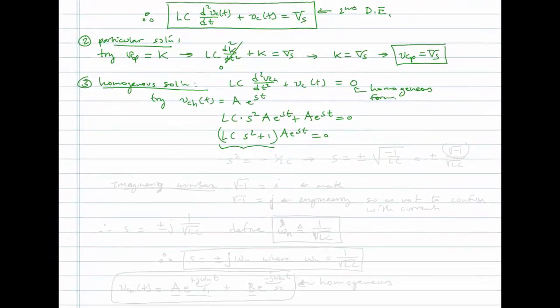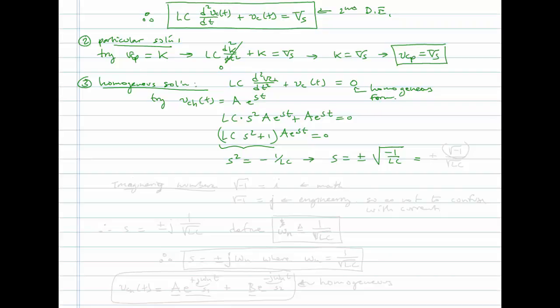So, except for the trivial case where we would have A equal to 0, which would be useless, we are going to satisfy this equality by ensuring that s squared is equal to minus 1 over LC, which means that s is equal to plus or minus the square root of minus 1 over LC.